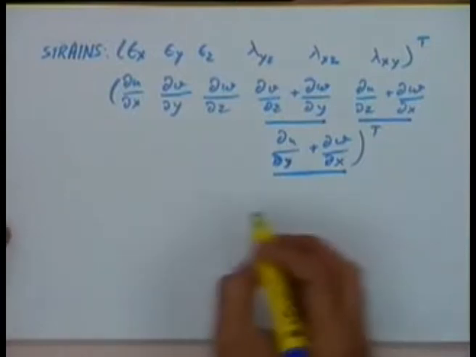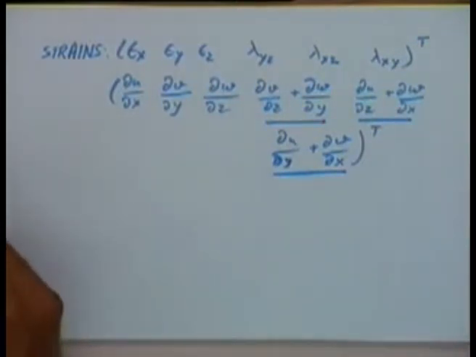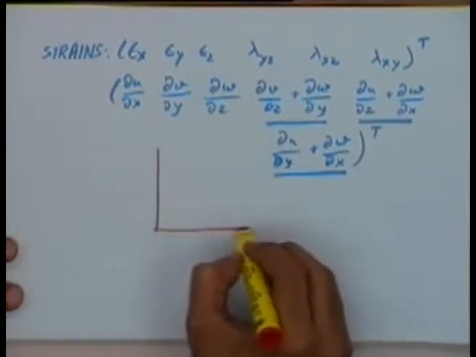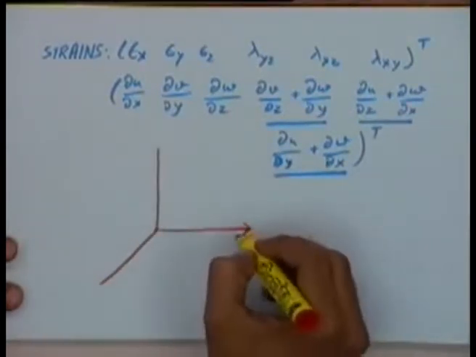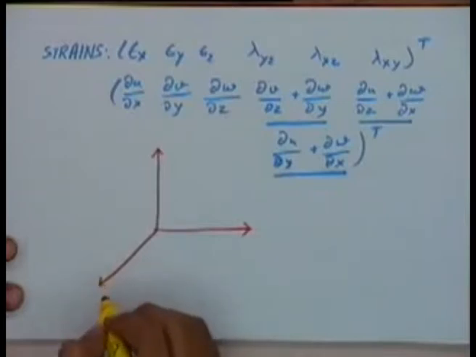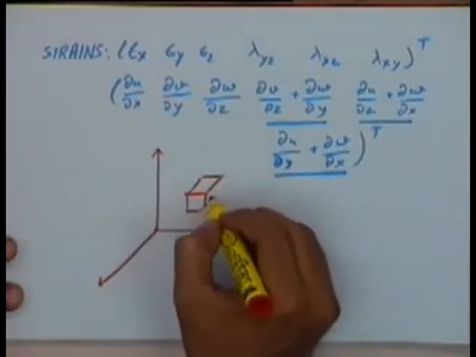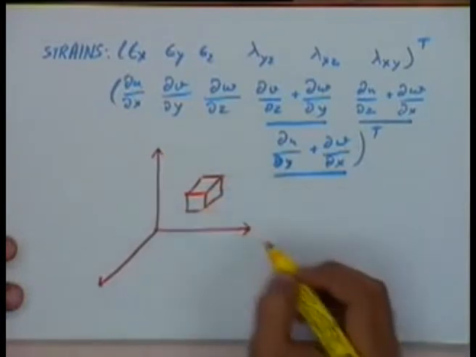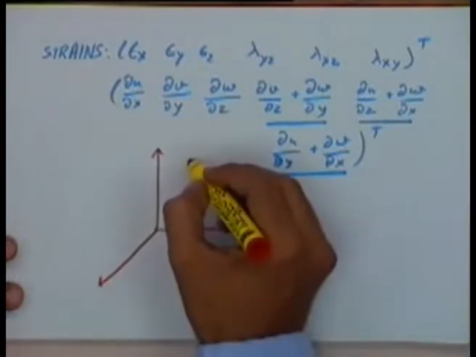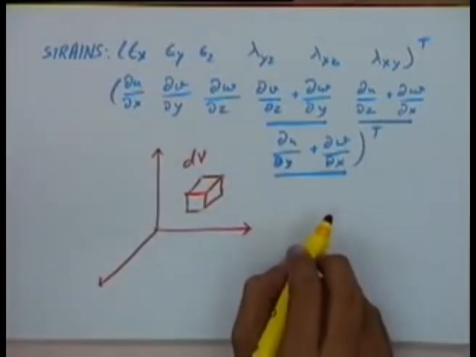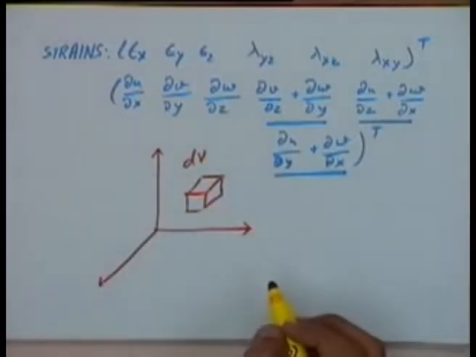Then if we consider any solid, a small elemental volume dV, and for this elemental volume we write down the equation of equilibrium, then we will get a set of 3 equations.